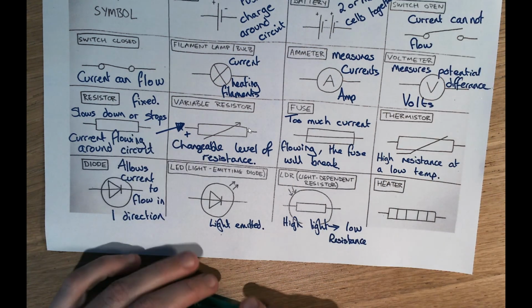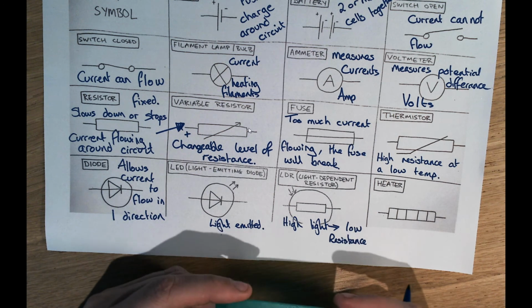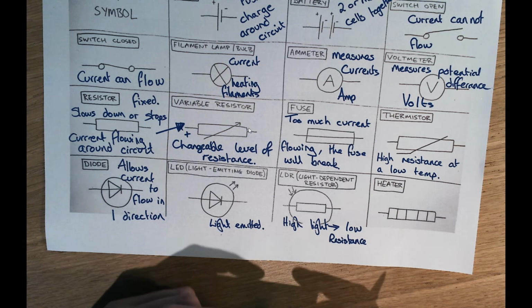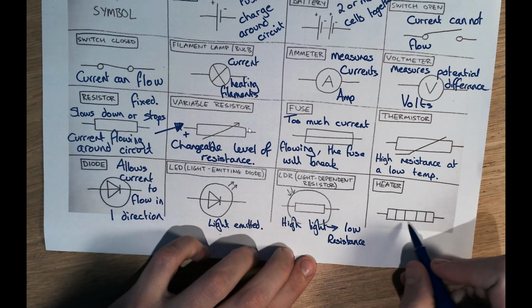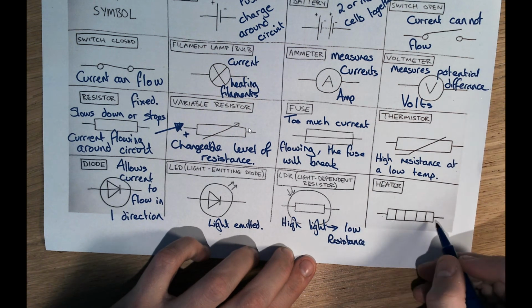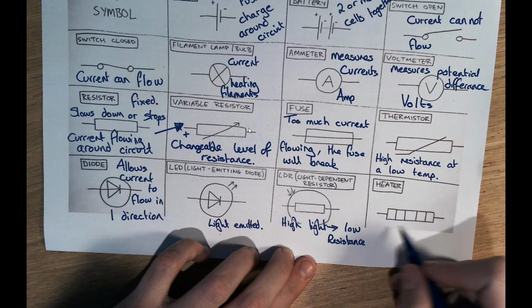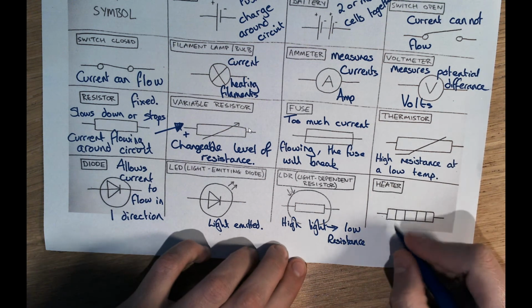And conversely, at a low light level, it will have a high resistance. Okay, last one is a heater, and this represents a component where heat is emitted.